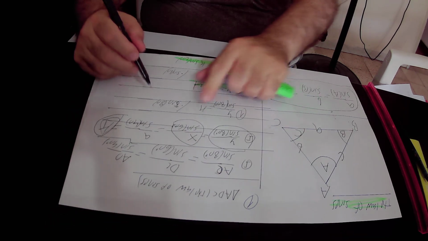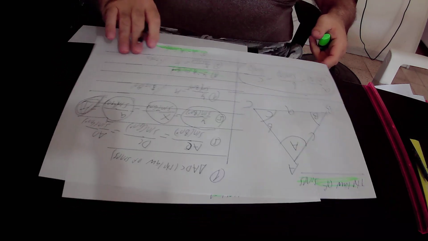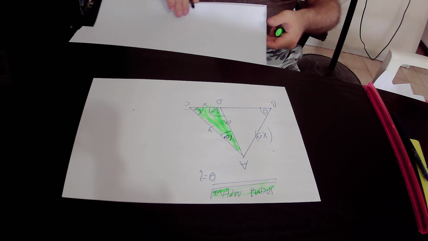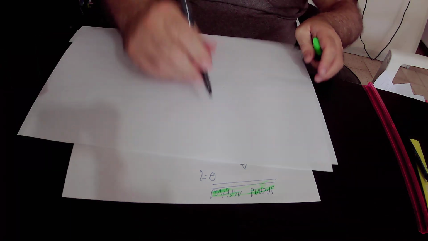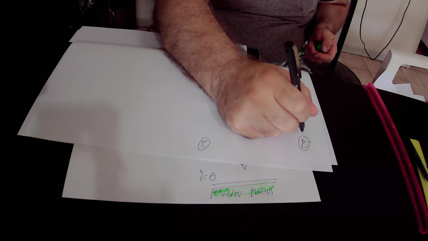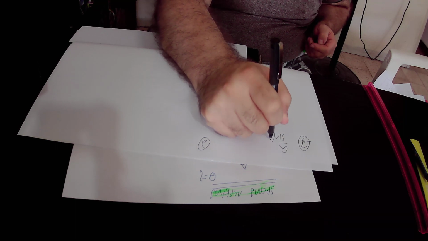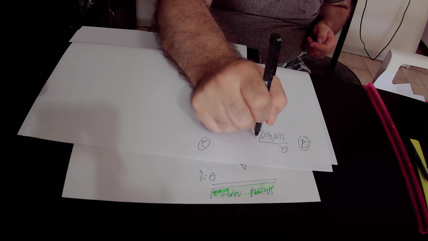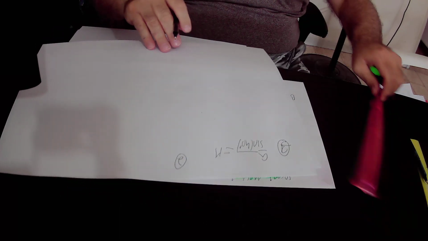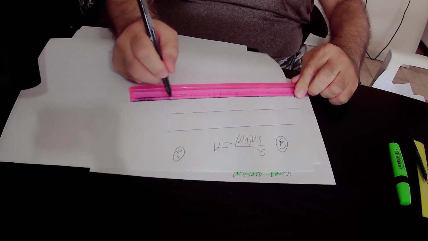And finally, those two expressions are also equal to each other. So we create equation number 3 that states that a over sine 40 degrees is equal to k.